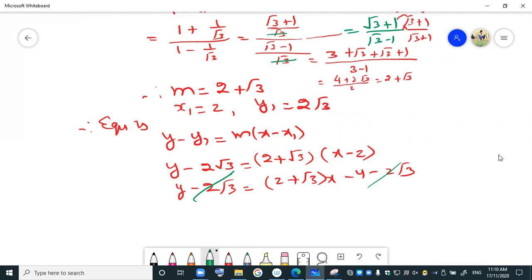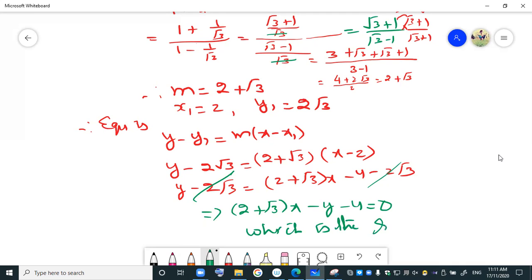And we can write it as 2 plus root 3 x, and bring y to the right hand side, minus y minus 4 is equal to 0, which is the required equation of the line.